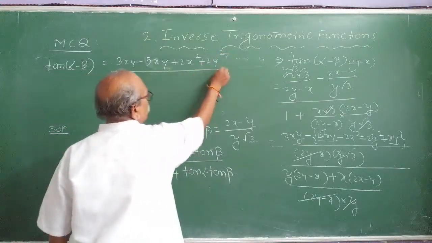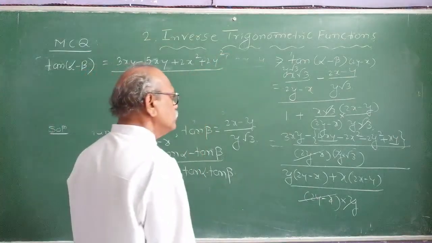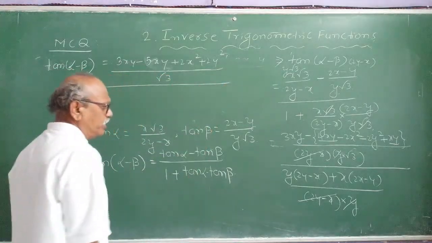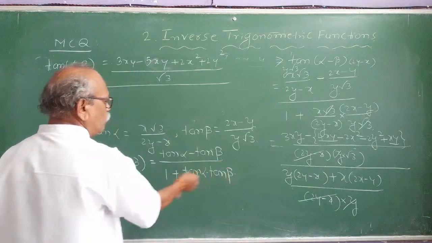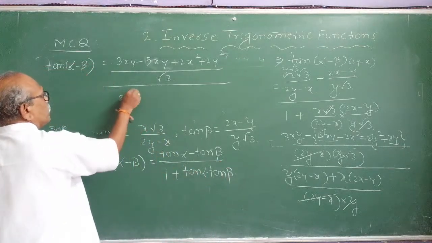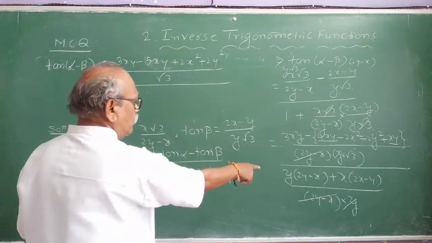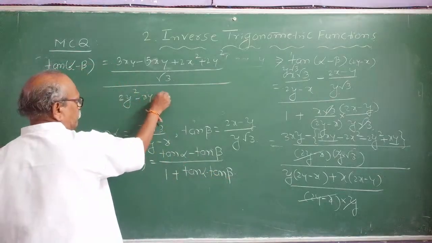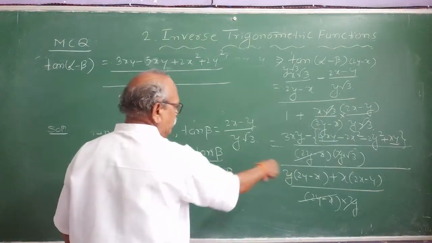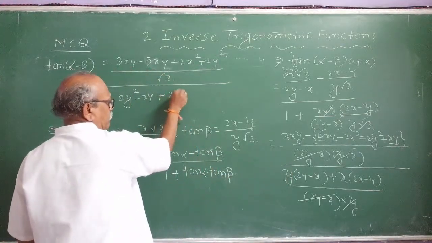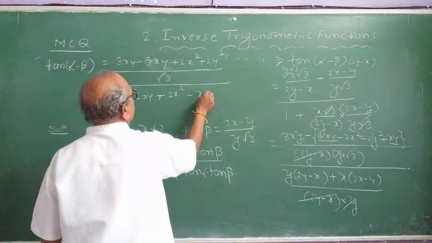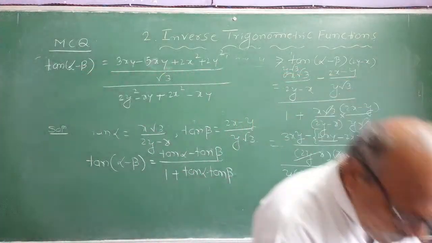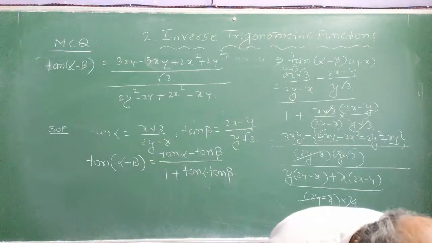So in the denominator you have root 3. Whole divided by, remove the bracket. 2y into y is 2y square. Minus x into y becomes minus xy. Plus you have 2x into x is plus 2x square and minus xy. You can simplify further and get the answer.